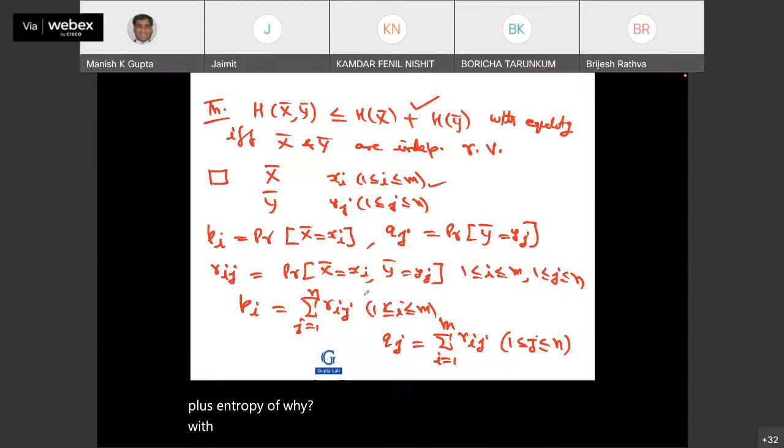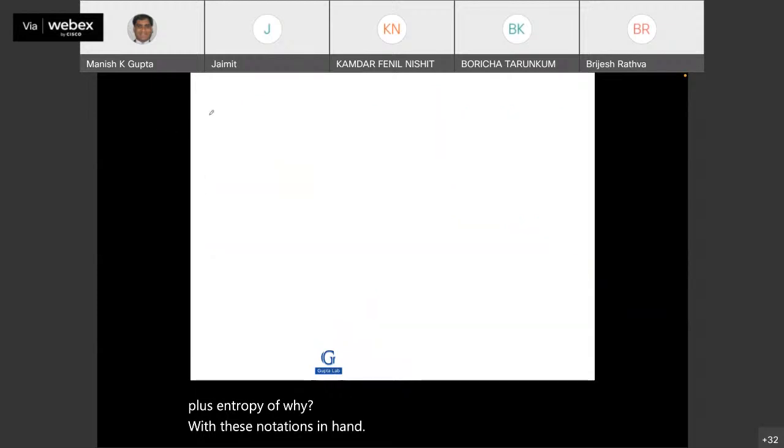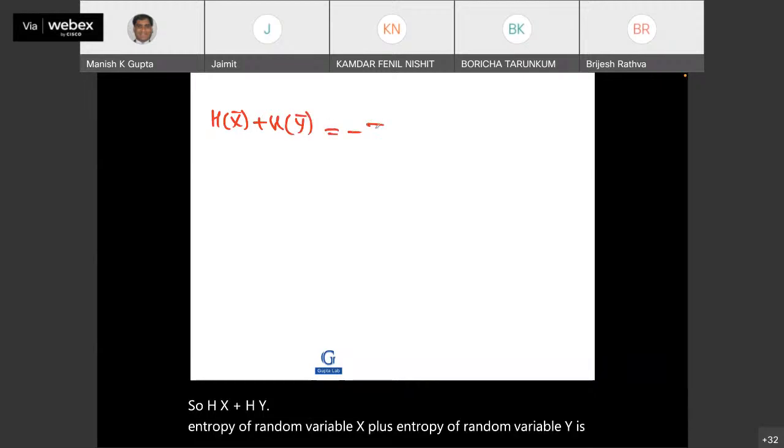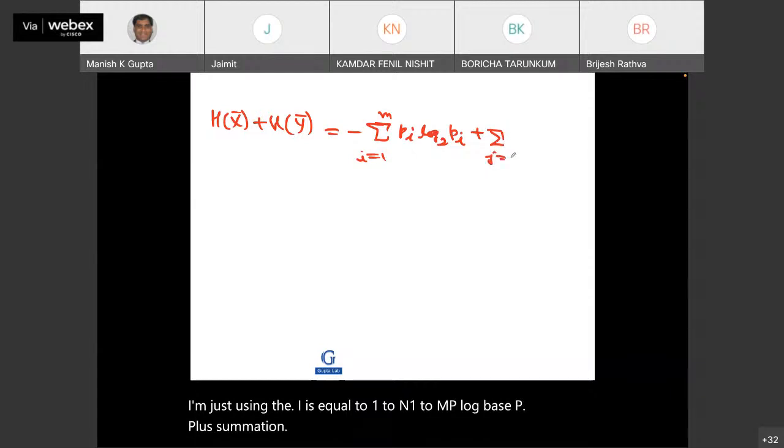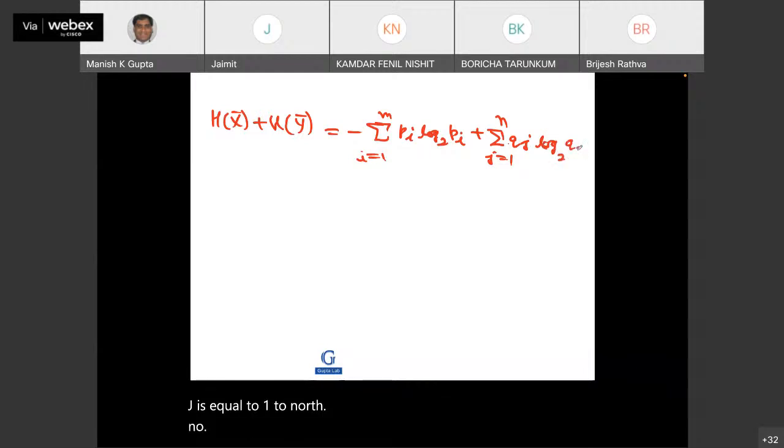With these notations in hand, using the definition, Hx plus Hy is equal to minus the summation i equals 1 to m of pi log base 2 of pi, plus the summation j equals 1 to n of qj log base 2 of qj.